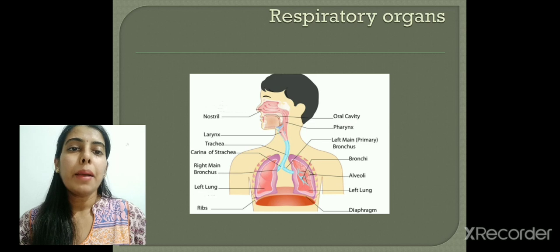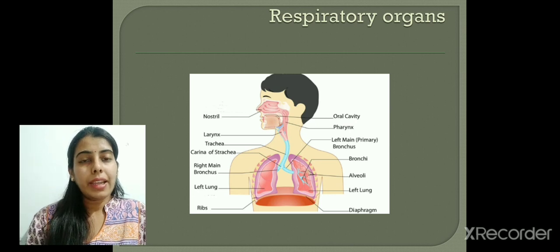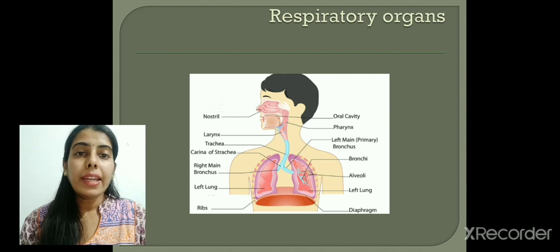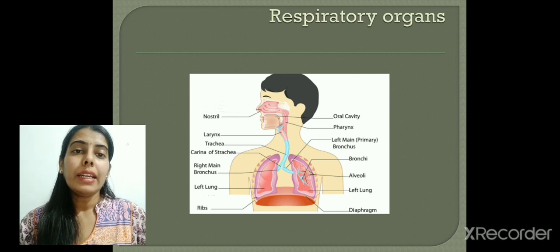The human body has a pair of lungs, right lung and left lung. There the bronchi enter and branch into bronchioles and end up in tiny air sacs called alveoli. Each lung contains around 300 million alveoli.